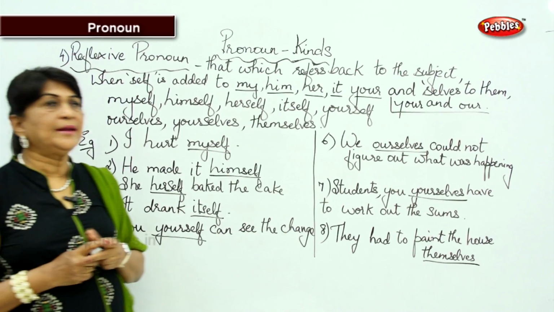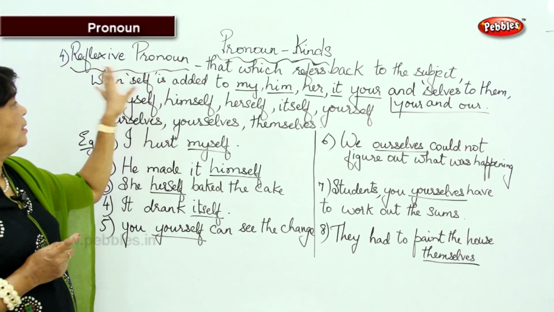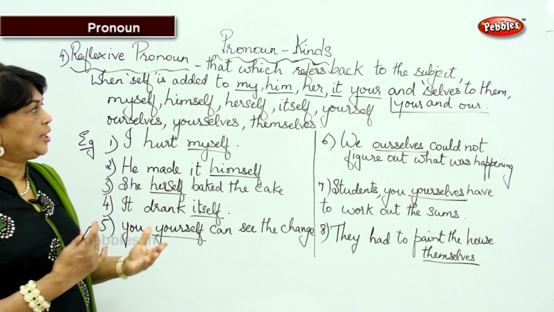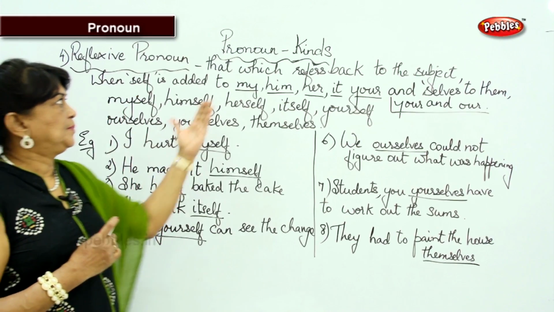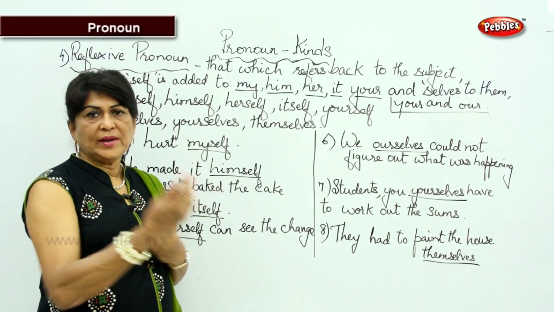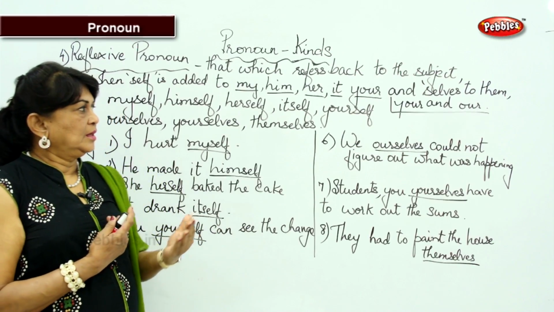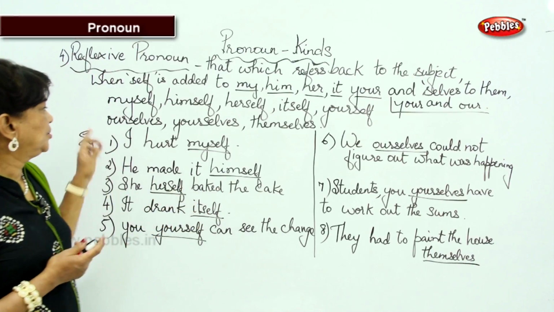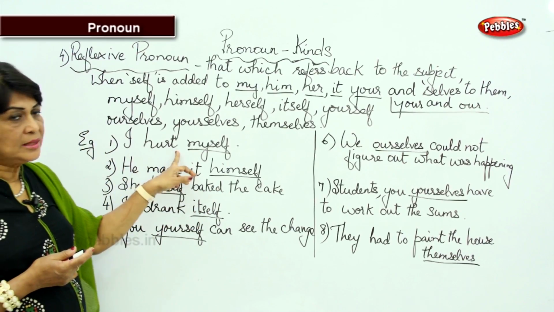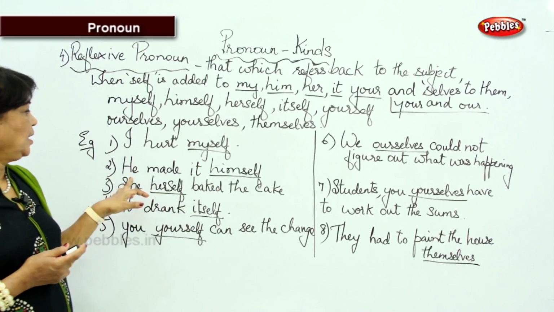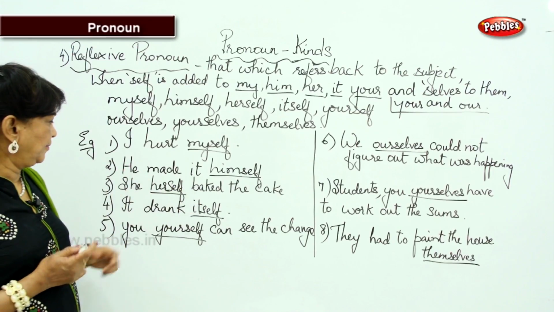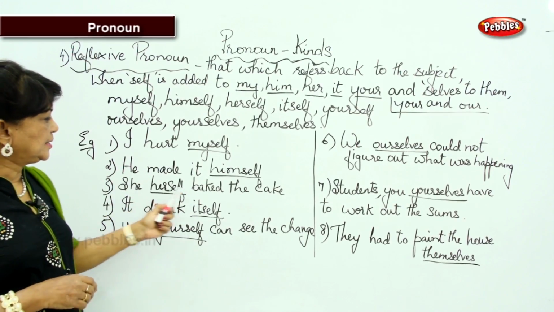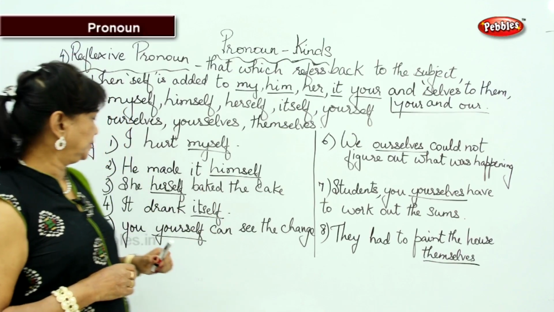So do you understand now? When a subject pronoun reflects back, it becomes the reflexive pronoun. So I read once again, I hurt myself. He made it himself. She herself baked the cake.